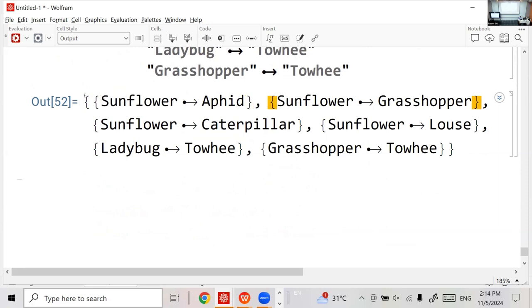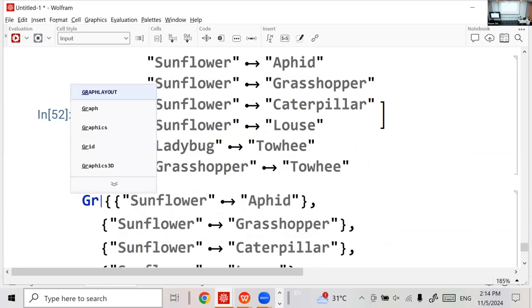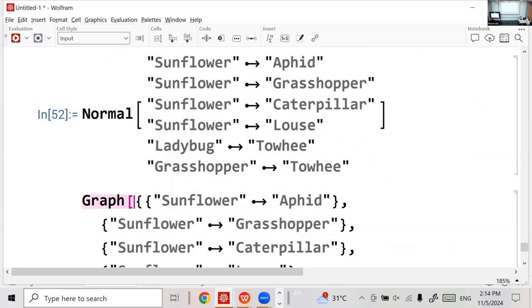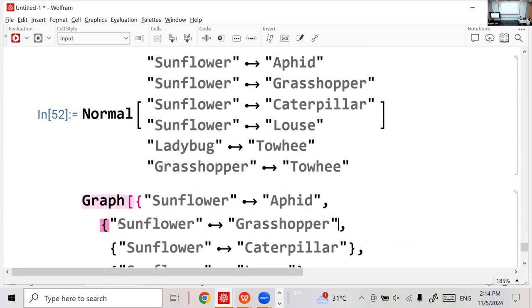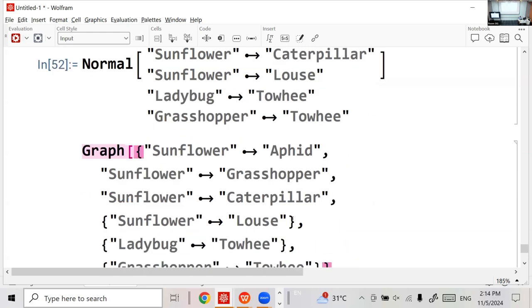And I can call this a graph. You don't need the inner bracket.